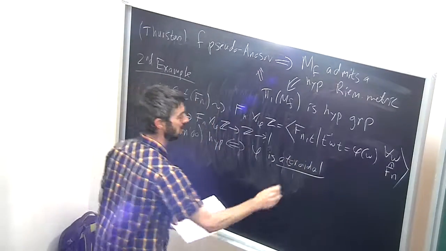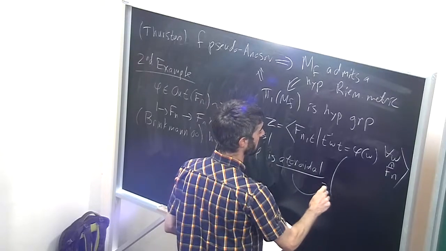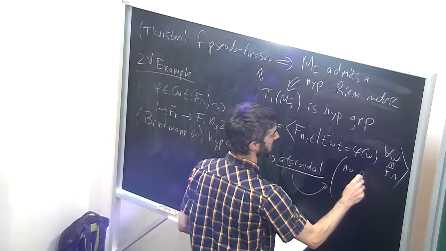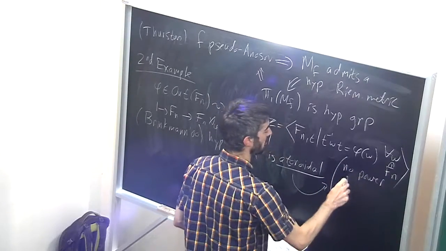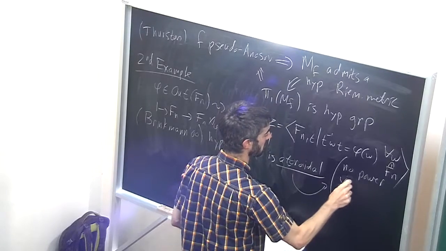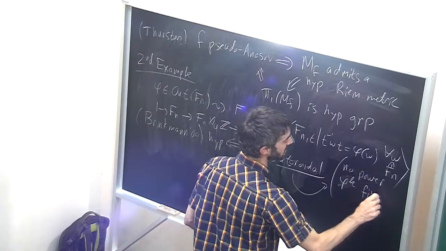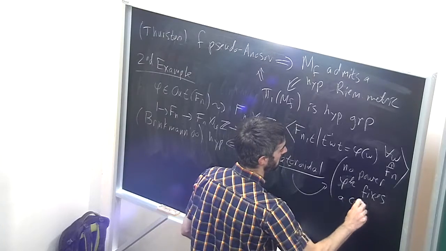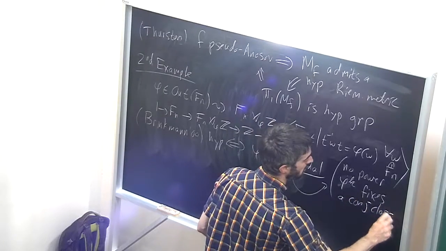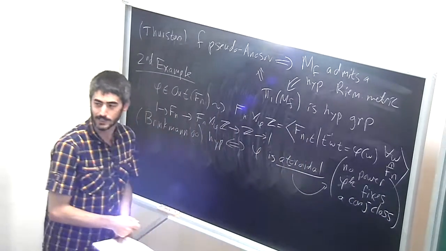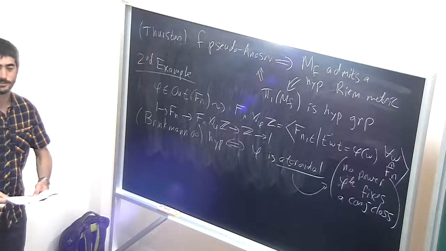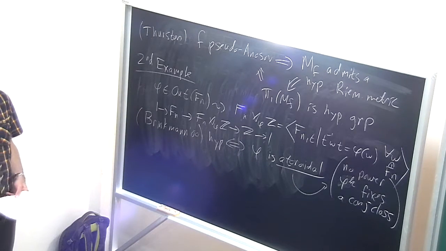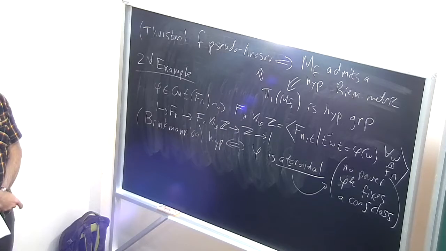Atoroidal means that no power fixes a conjugacy class. And I mean a non-trivial conjugacy class, because everything fixes the trivial conjugacy class. Okay? All right, so that's the definition.